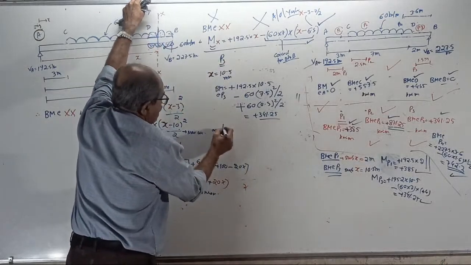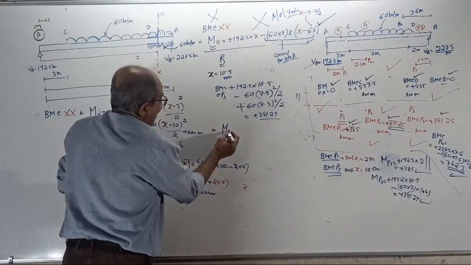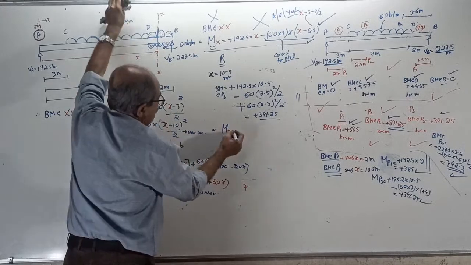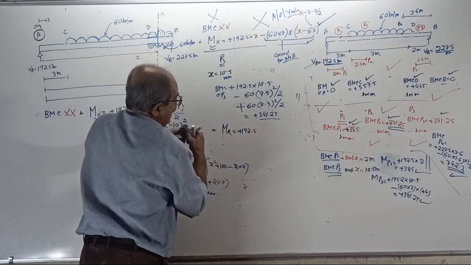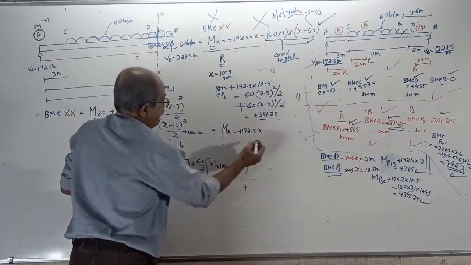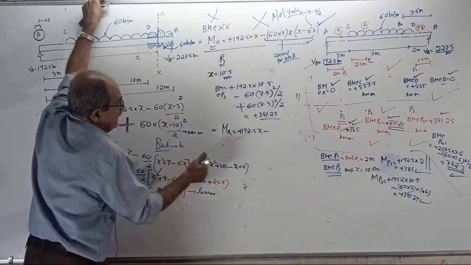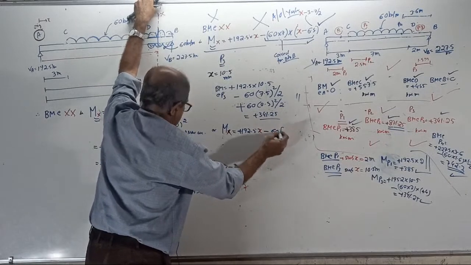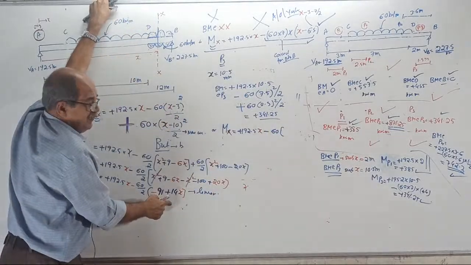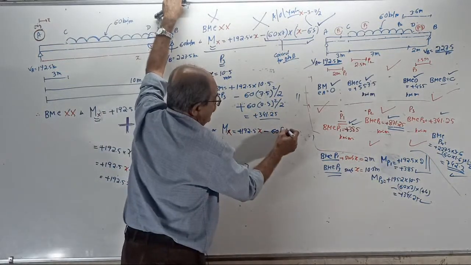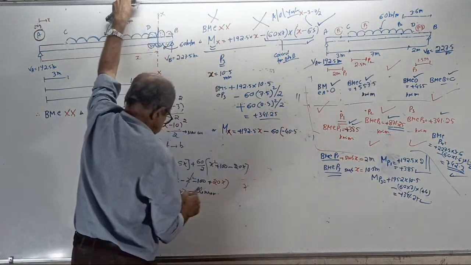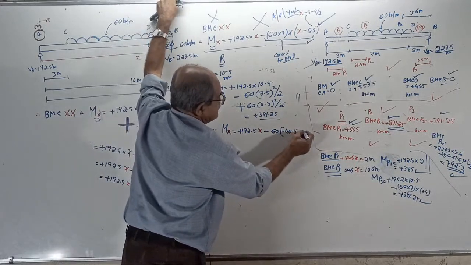Now, after the point D, it will become plus 192.5 into x, then minus 60 into, I will take this 2 inside. What happens now? Minus 91 by 2 is minus 40.5, plus 7x.